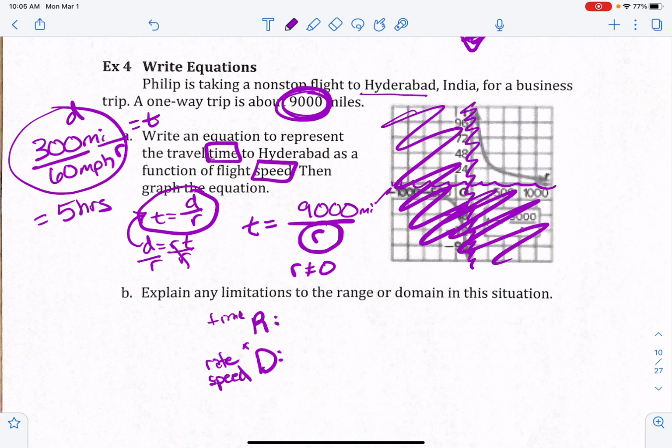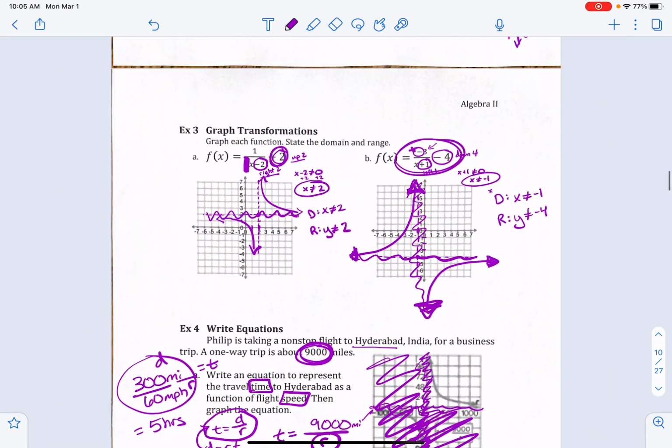So in addition to the x can't be 0, y can't be 0 type of thing, we say that time has to be greater than 0 and the rate has to be greater than 0 because it can't be negative. So when you have a story problem, it's not just restricted to the domain or to the asymptotes. It has an extra little piece to it, and most of the time that being that it can't be negative. Okay, so hopefully that kind of made sense.